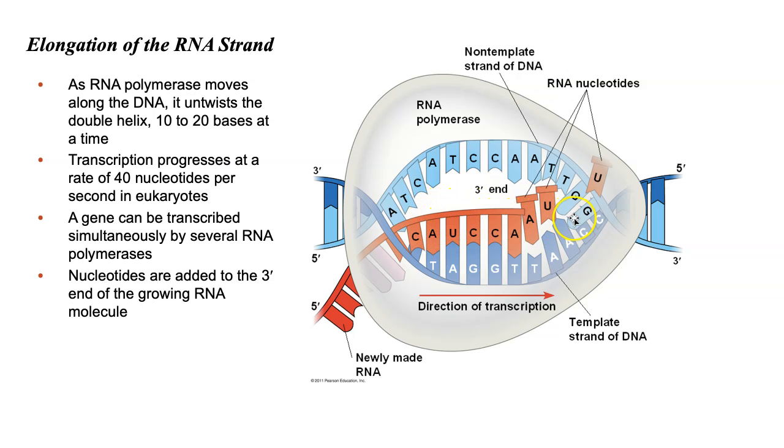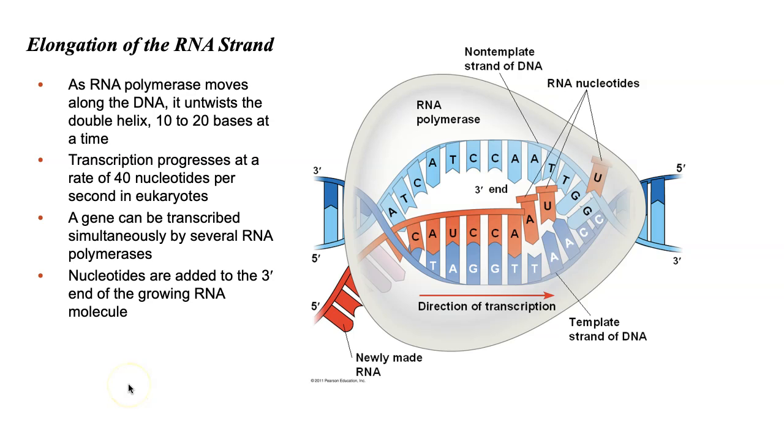Again, this is happening while it unzips the DNA. This is different from DNA polymerase, if you remember. That needed its own enzyme, helicase, to unzip the DNA. We had topoisomerase also that was helping up in the front, but this is an all-in-one enzyme over here, which is both untwisting and polymerizing.